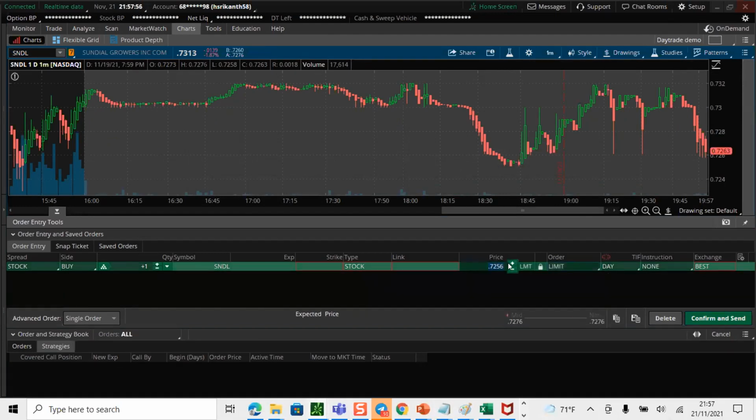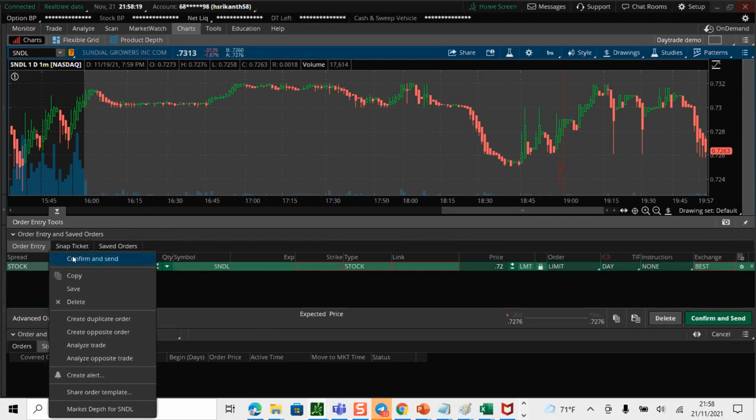I want to buy it at 0.72. I want to buy 50 stocks. We have two different targets, right? So for that, we are going to use a first trigger OCO. So what is the first trigger OCO? First trigger OCO will do a conditional order where you can sell for a profit, and you can also mention stop losses.